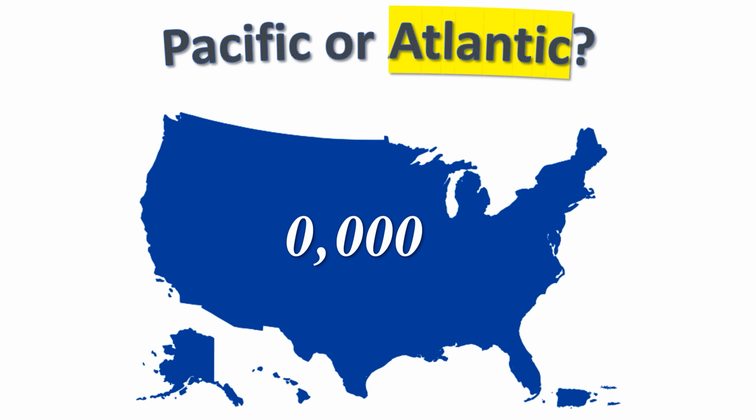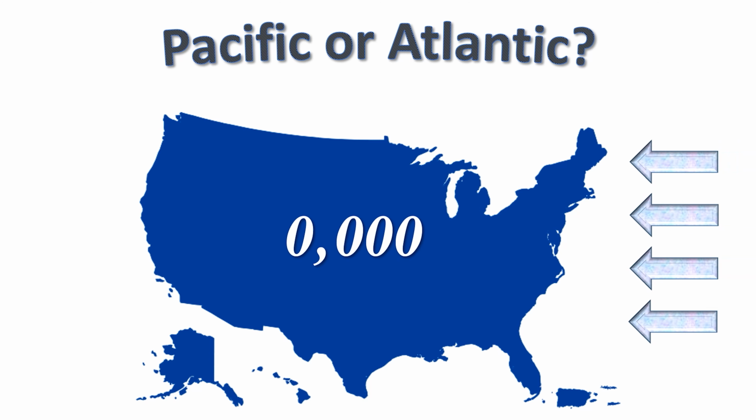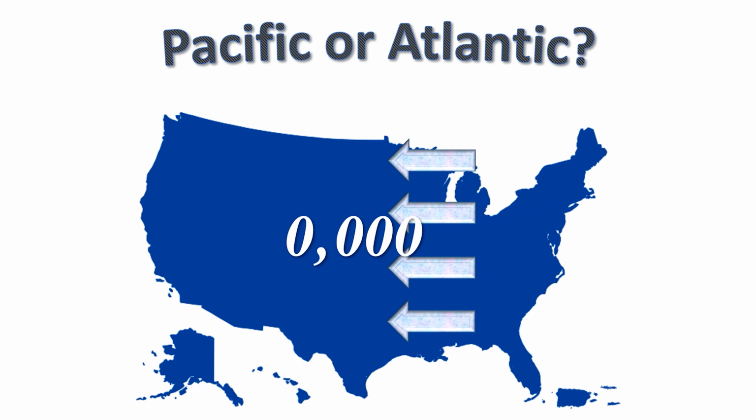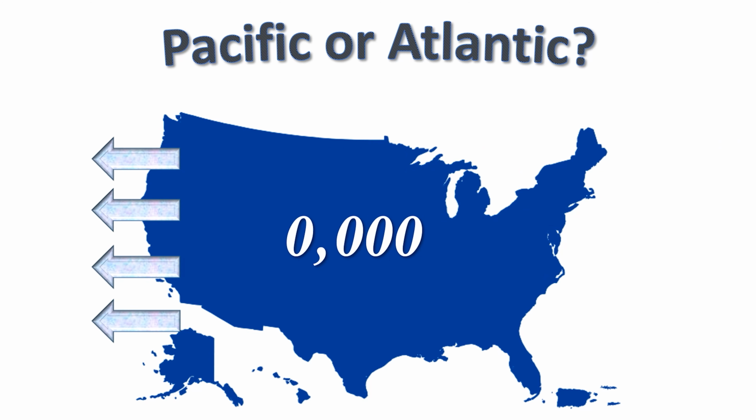If the decimal is absent, A, Atlantic, you will read the numbers starting on the right side of the value. As you read the numbers from right to left, the first non-zero digit you hit is a significant figure, and every other digit after that is also considered a significant digit, including the zeros.